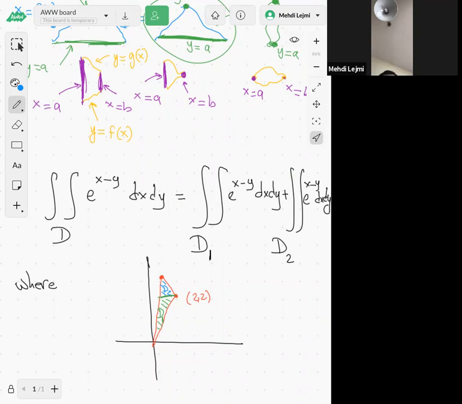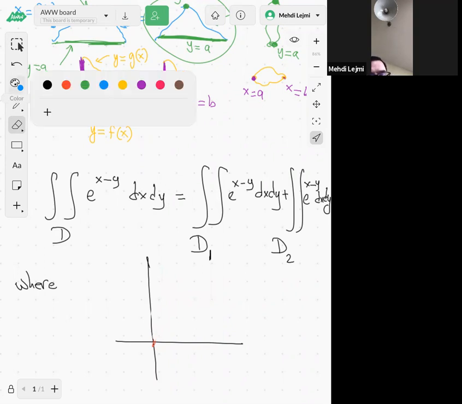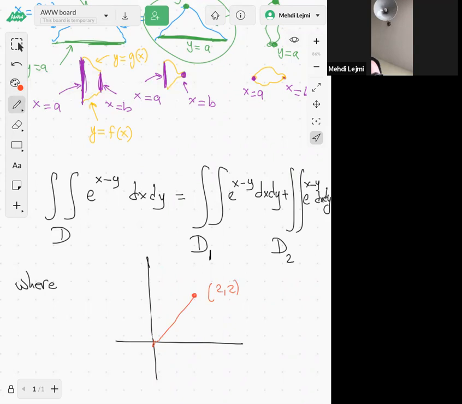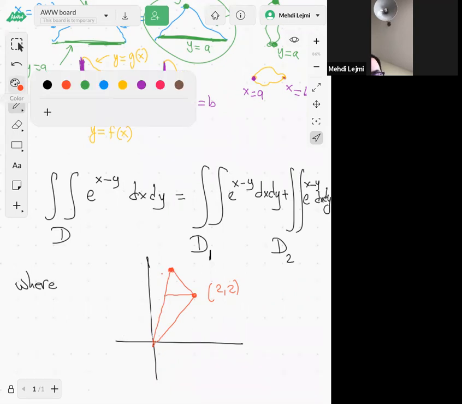Now let's describe D1 and D2. Since I have this very small triangle, let's zoom in here and take a bigger triangle. So let's say here this is (2,2), and this is (1,3). So this is D1 here.